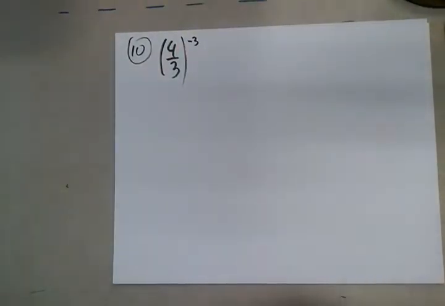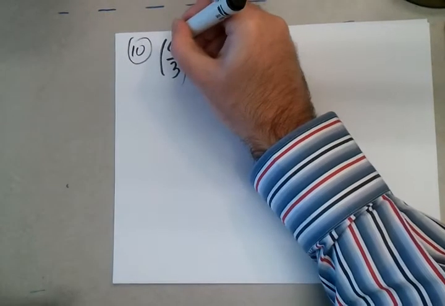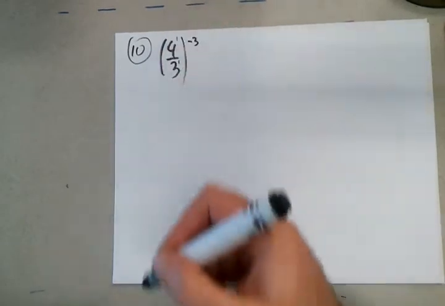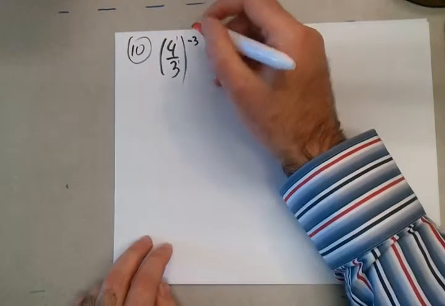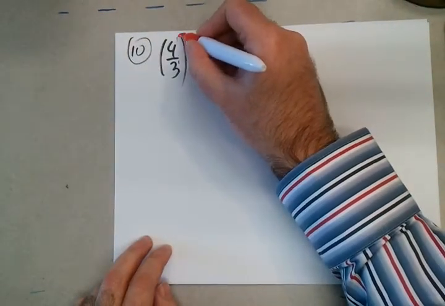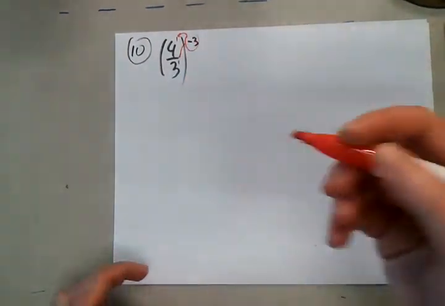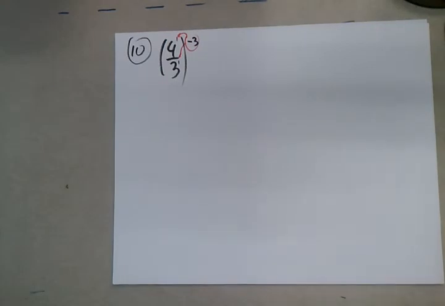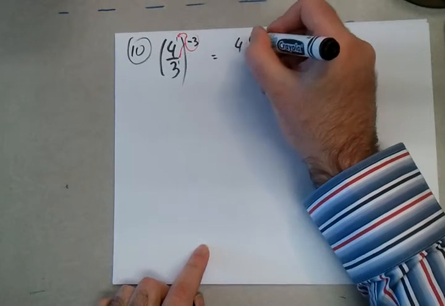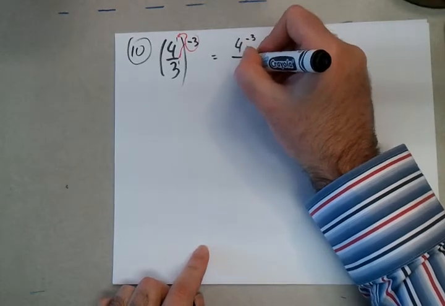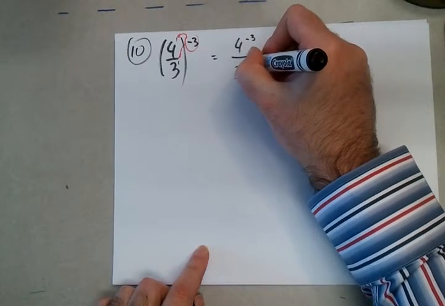They're hidden right now. They're not written, but they are powers of 1. So what you do is you multiply the external exponent by the internal exponent, so the -3 times 1, and then -3 times 1 again. And that gives us 4 to the -3rd over 3 to the -3rd.